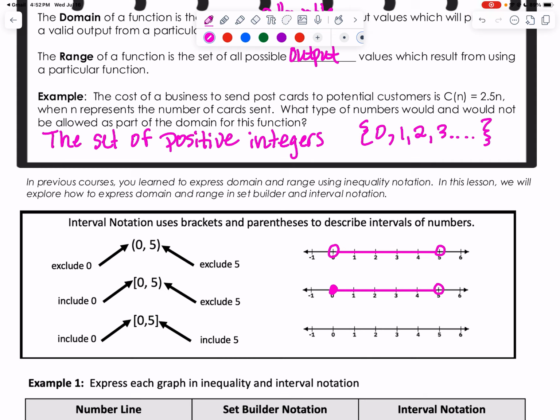In our last interval notation, they've used 2 brackets, which means both the 0 and the 5 are included. So we would fill in the circles and draw a line in between. So any number on that number line, 0.5, 1.8, pi, 2 1/4, any number on that number line would be included in that interval.